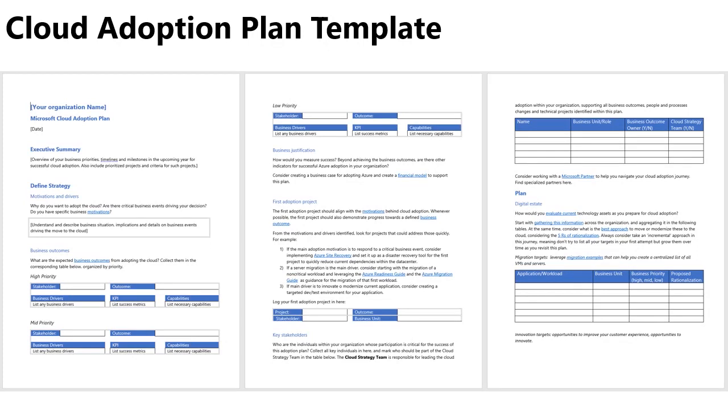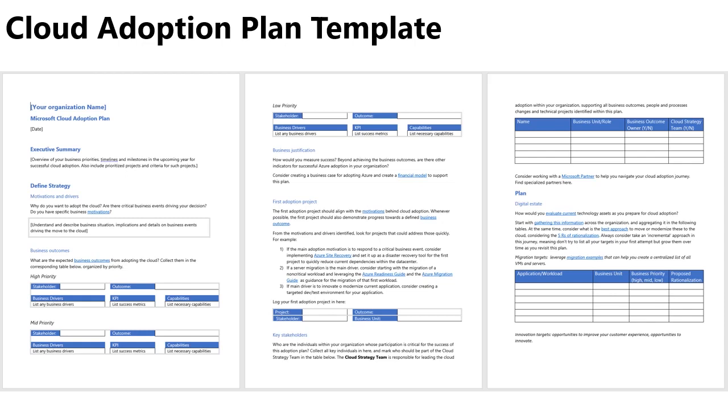So if you are going to be asked by your CIO or your technical leader or your C-level executive, what does the cloud adoption plan look like for your organization, then you can actually use this template, because here is where you can document the strategies, the business outcomes. Remember, a couple of slides back, we used the tool, an Excel spreadsheet, for you to document and talk to your different business leaders on what the desired business outcomes are.